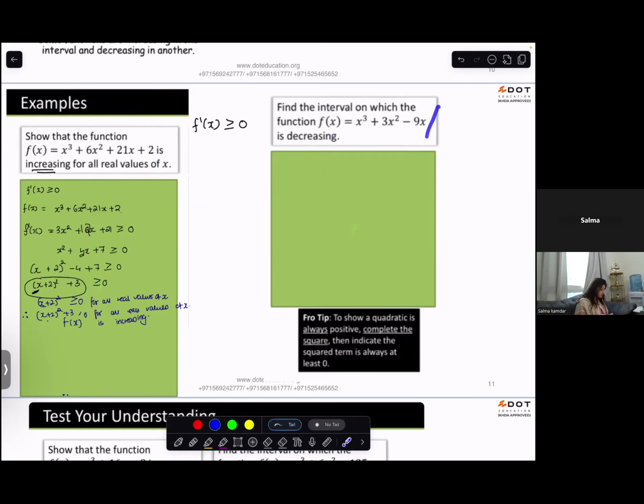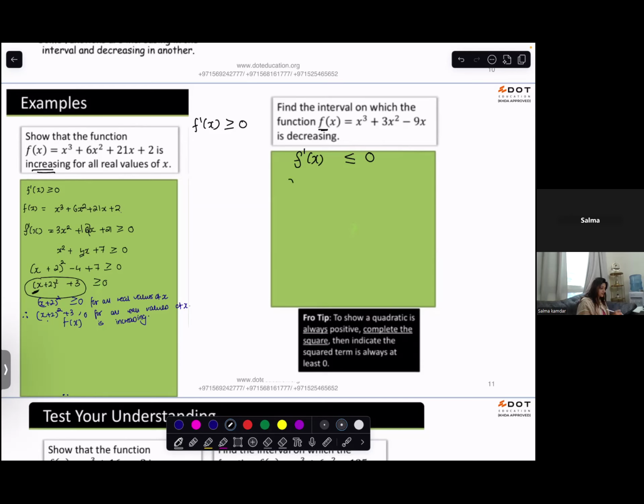You have to start with the given thing. They have told you that this function is decreasing. That means f dash x is going to be less than or equal to 0. So we find the f dash x first.